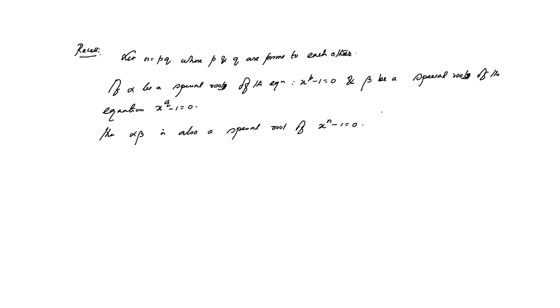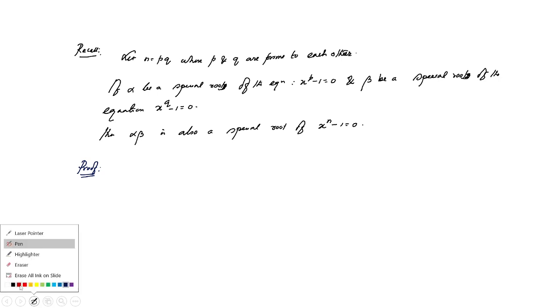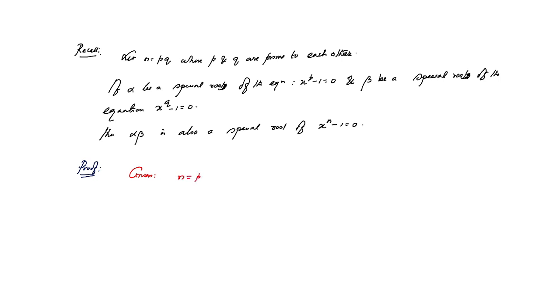So now the question is how to prove this. This theorem is important in graduation courses or any kind of competitive examination. How to prove this kind of theorem? So what is exactly given? Given n equals p into q, where p and q are prime to each other, that means GCD of p and q equals 1.